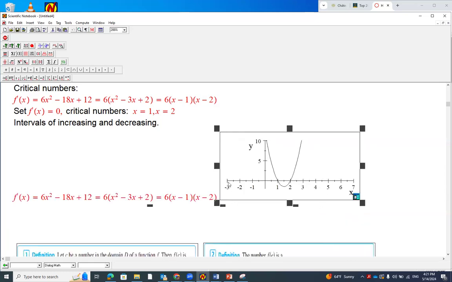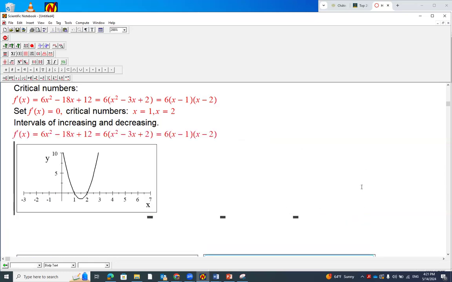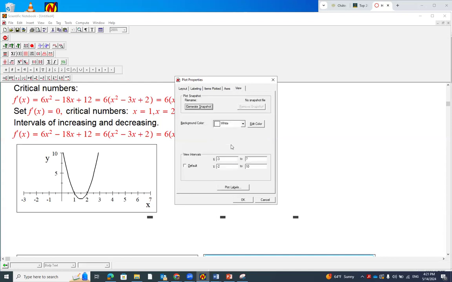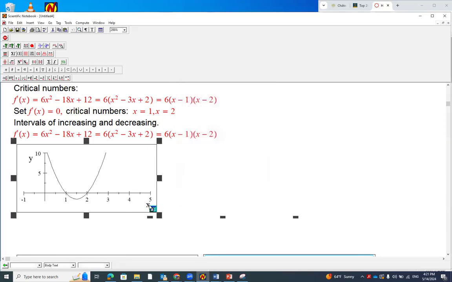Let me make some adjustments so the picture can be better seen. This is the picture of the derivative.